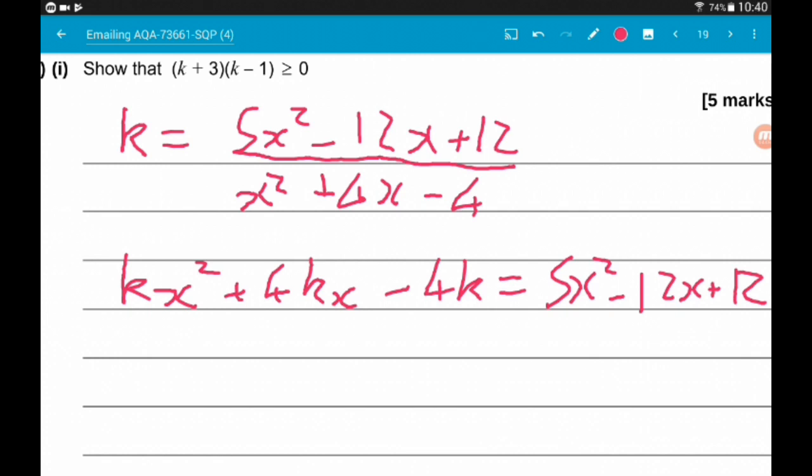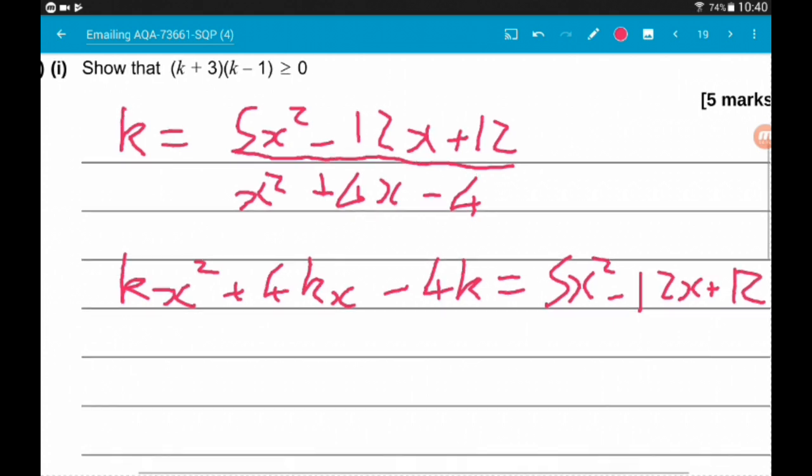Okay, now we want to move everything from one side onto the other. So I'm going to move the stuff on the right to the left.